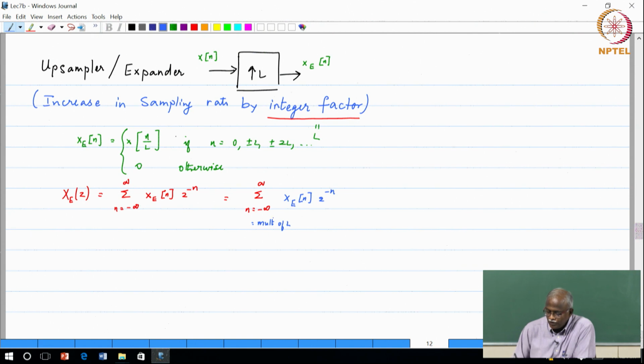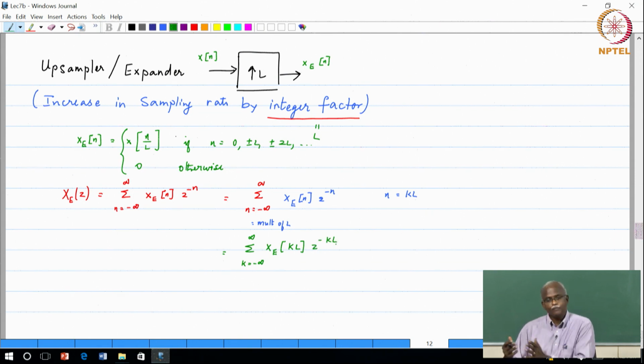Anytime you want to impose something that is a multiple of L, it is better to do a change of variables. So n equal to k times L, if you want to do that, then this summation gets rewritten as k equal to minus infinity to infinity of xe of kL z power minus kL.